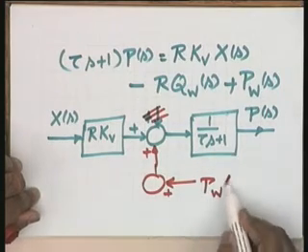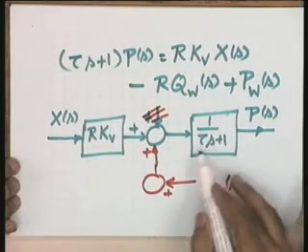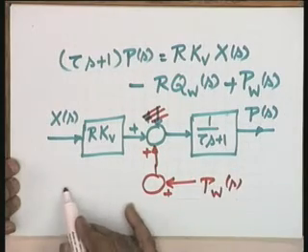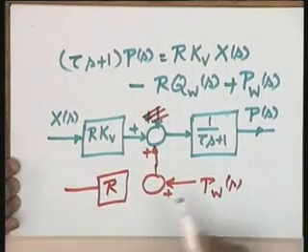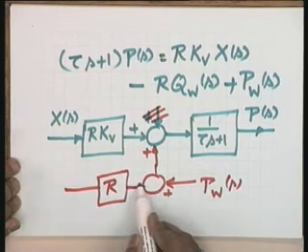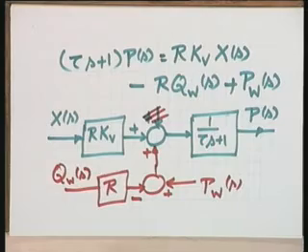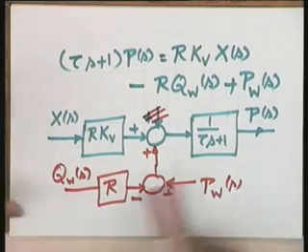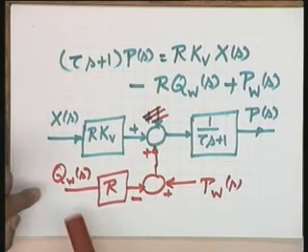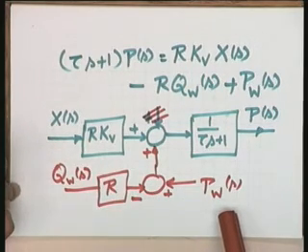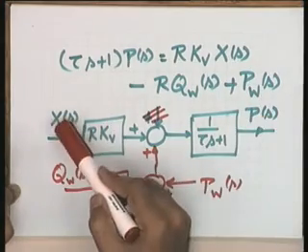But the transfer function between Pw and P is given by 1 over tau s plus 1 only, and the transfer function between Qw and P, well, I put this as the system gain when your variables are Qw and P, and I put a negative sign here, it is a Qws. Please see very carefully whether this block diagram is okay. It shows 3 input variables: the variable to be manipulated x, Qw the disturbance, Pw the disturbance, and you have the transfer function between P and Pw, P and Qw, and P and x.